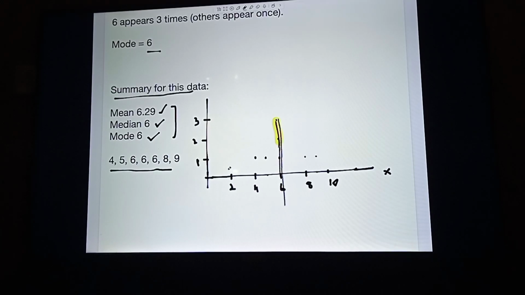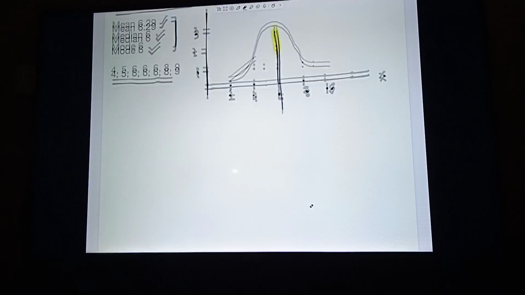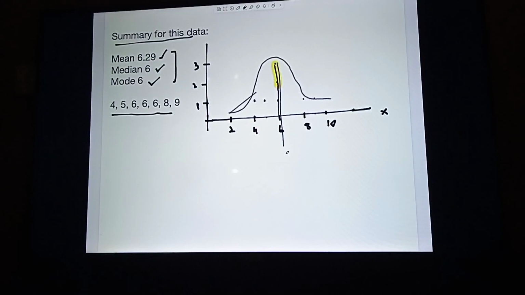Now connect this line. Now in this case, this is a slightly right skewed curve because the mean is slightly greater than the median. You can approximate it to equal.